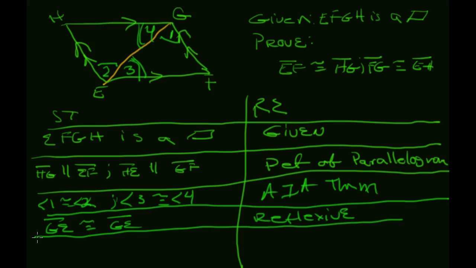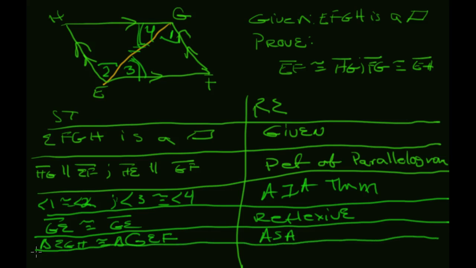Well, I just made two congruent triangles. Triangle EGH has to be congruent to triangle GEF, and that's because they both have an angle, a side, and an angle, so that's angle side angle. And the whole point of proving that these are congruent is now their corresponding parts.